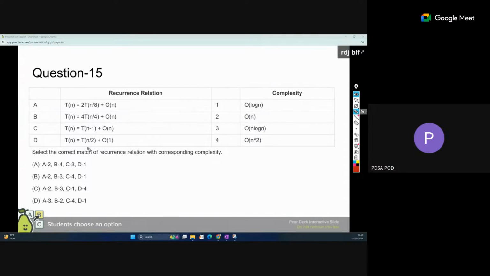You can remember this recurrence relation. This is for binary search, if you remember. We just reduce half of the part every time, and we are only checking the middle element, comparing. So that is constant work. So this is actually a log n time operation, so definitely this will match with log n.